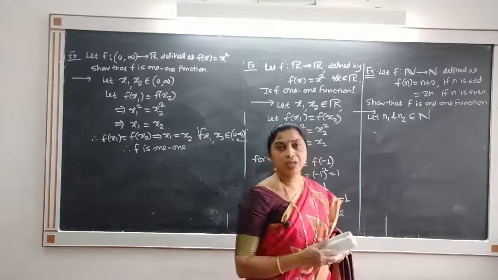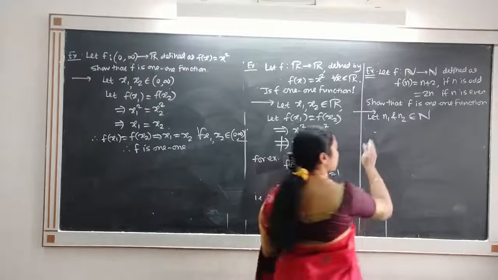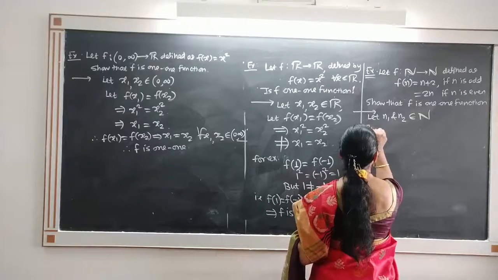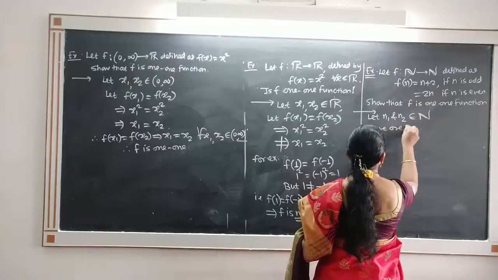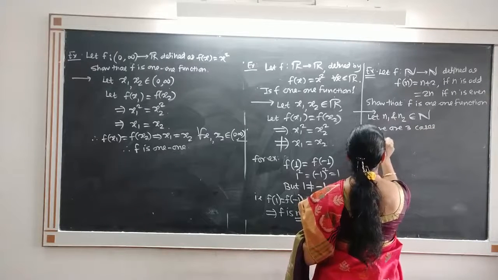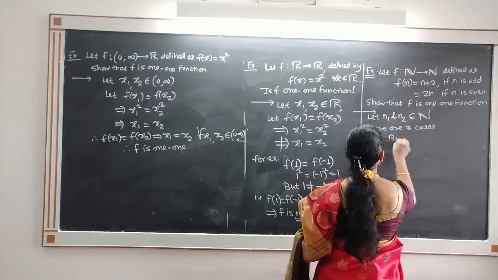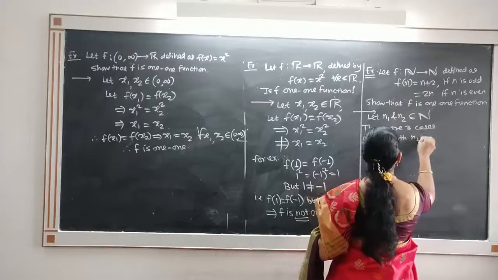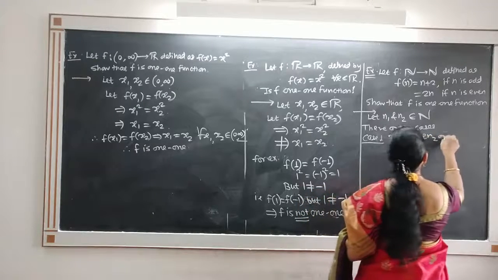So there are three cases. See the first case. The first case is both n1 and n2 are even.